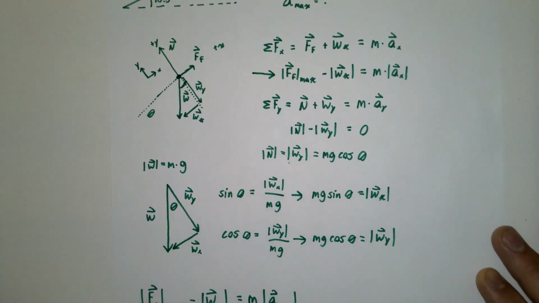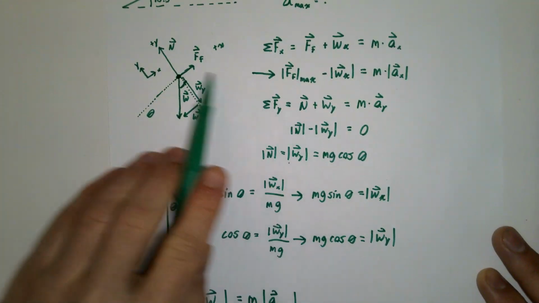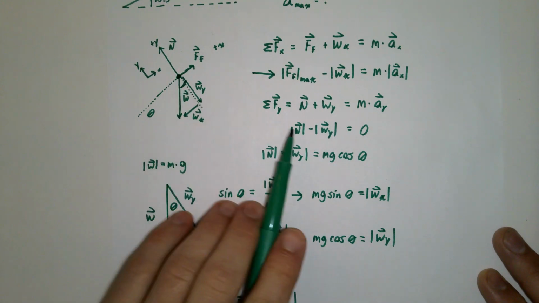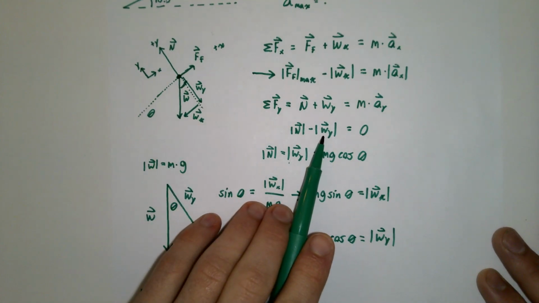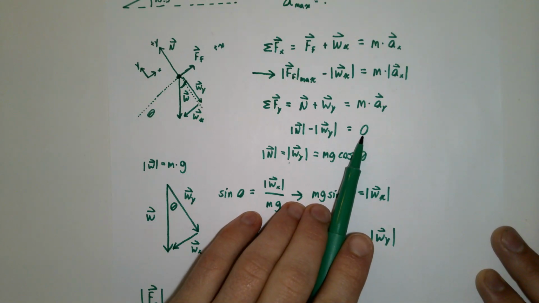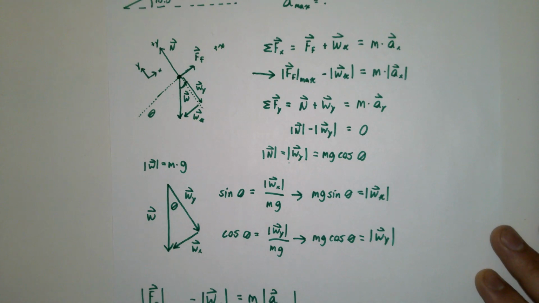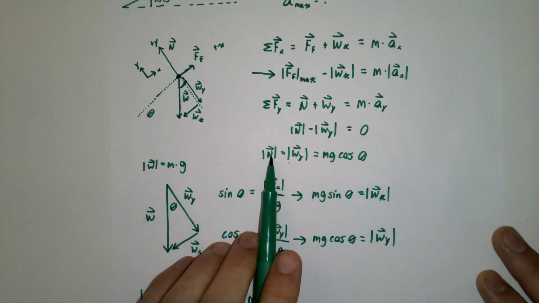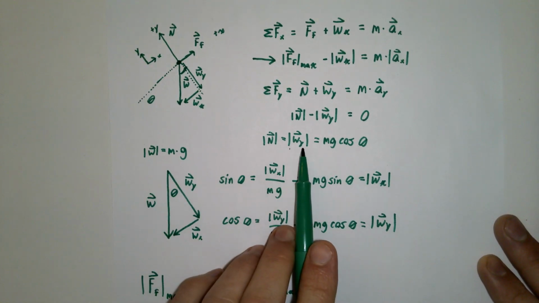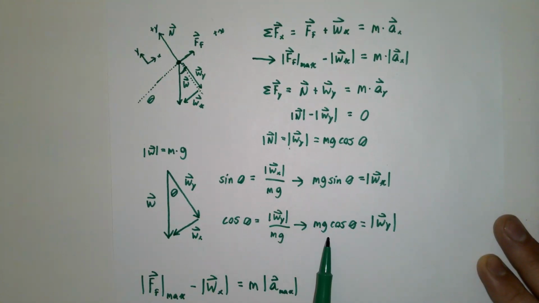We look at forces in y. We only have the normal force and weight in y. Normal is positive, weight in y is negative. The crate is not accelerating perpendicular to the surface, so its acceleration is 0. Its net force is 0. So these two must be equal to each other. Based upon our trigonometry, weight in y is equal to mg cosine theta.